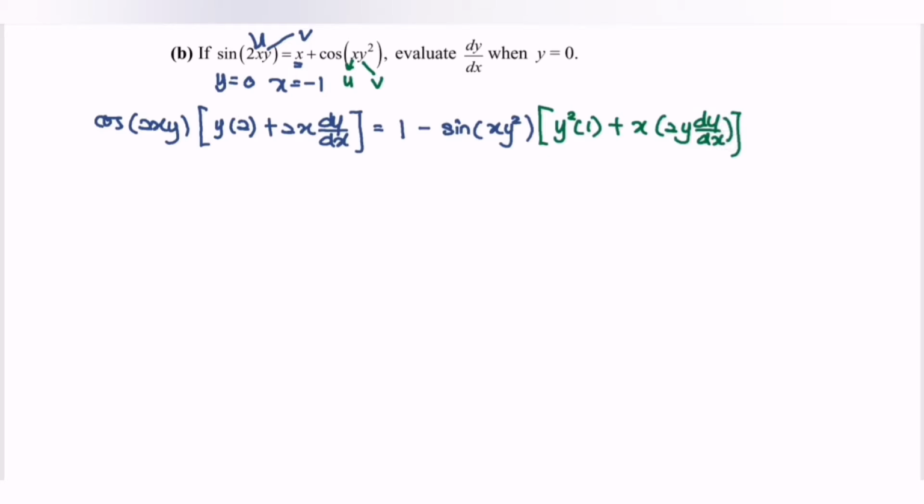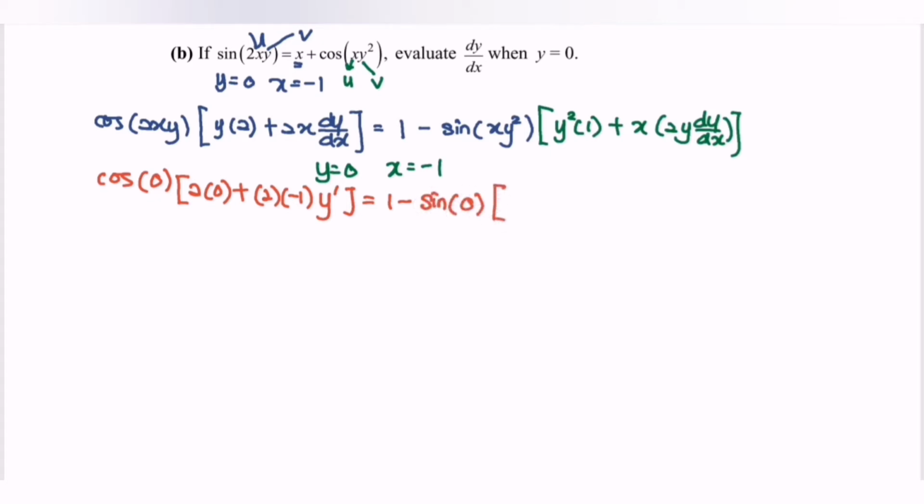So by substituting the values y equals to 0 and x equals to negative 1, we will have cos 0 multiply with 2 bracket 0 plus 2 multiply with negative 1 y prime, equals to 1 minus sine bracket 0 multiply with 0 plus 0.